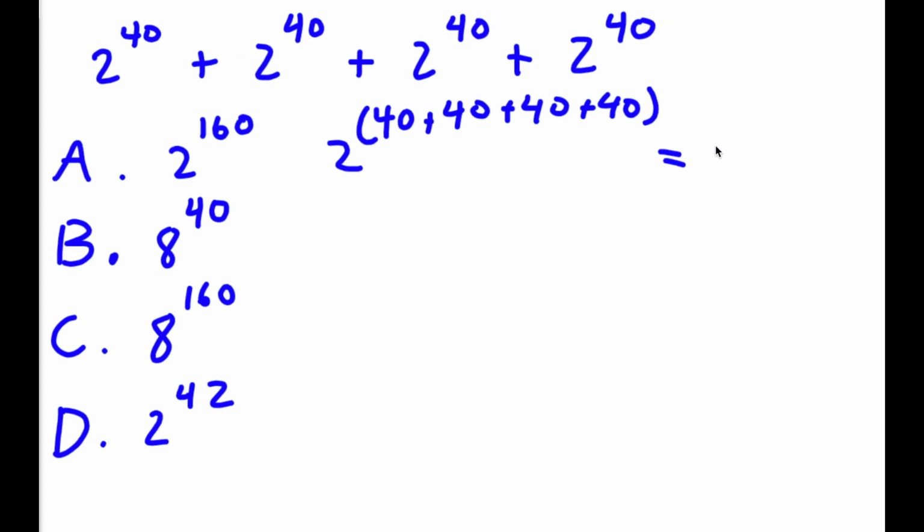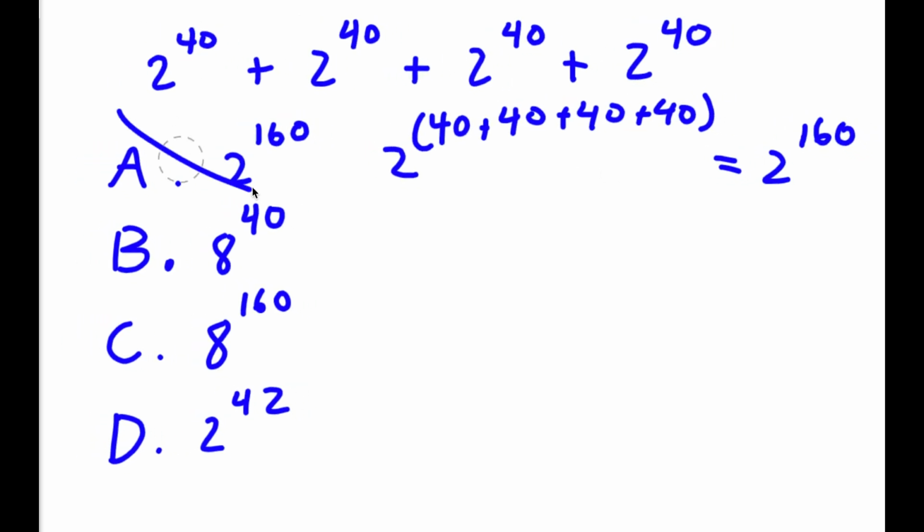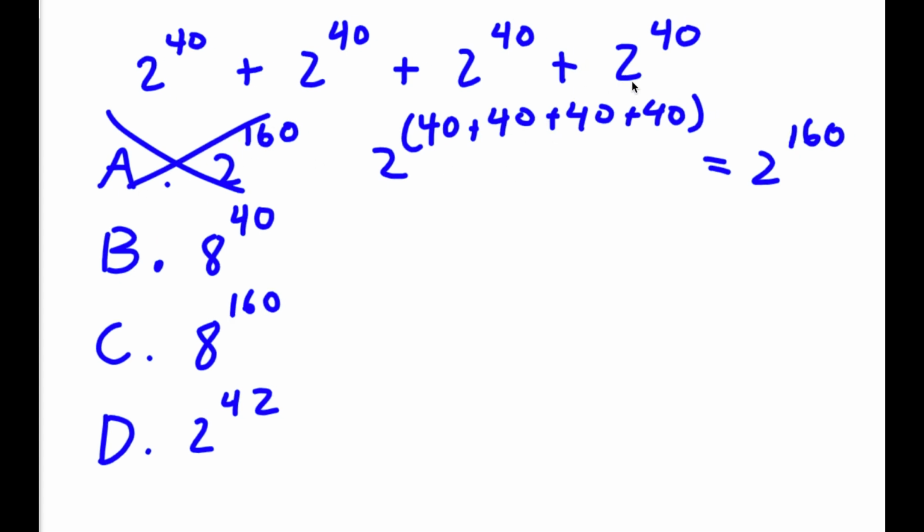And now this is equal to 2 to the power of 40 plus 40 is 80, 80 plus 40 is 120, and 120 plus 40 is 160. So you get 2 to the power of 160. And this is actually the wrong method because you can't add exponents like that.